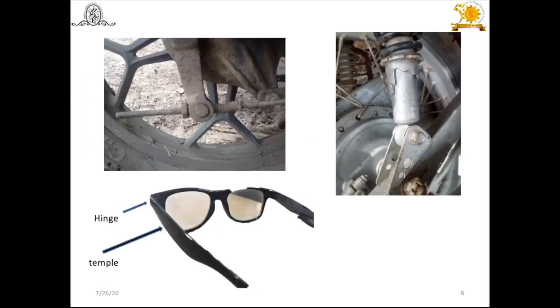Look at the brake lever of a bike or two-wheeler, you will find an application. Then in the suspension system, it's an eye, a fork, and a pin. Even in specs, at the hinge, you will find a knuckle joint. Many applications use knuckle joints.